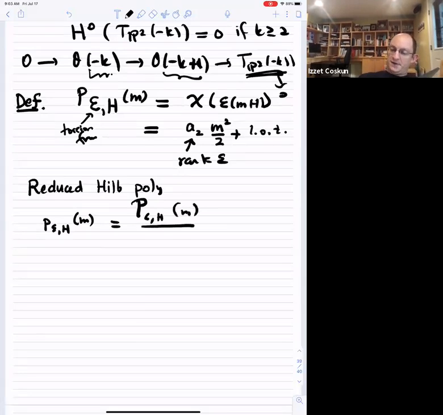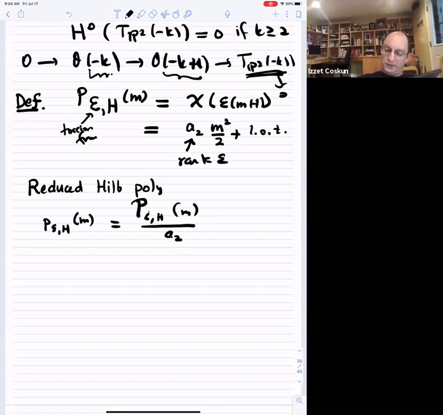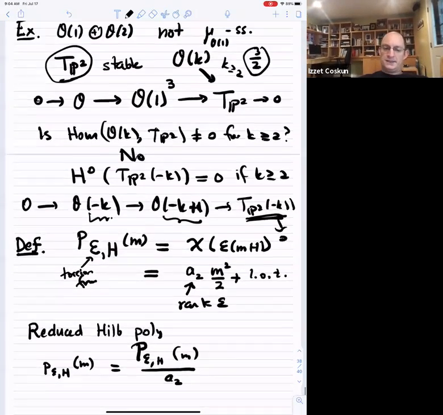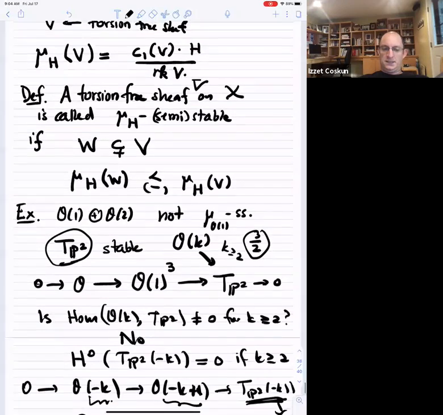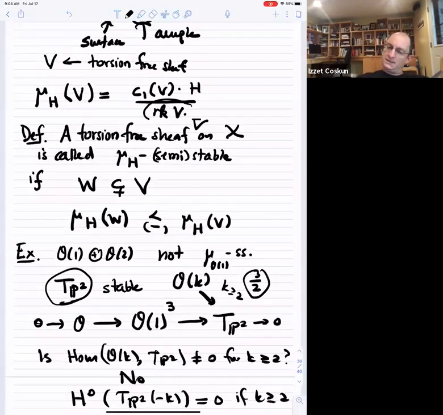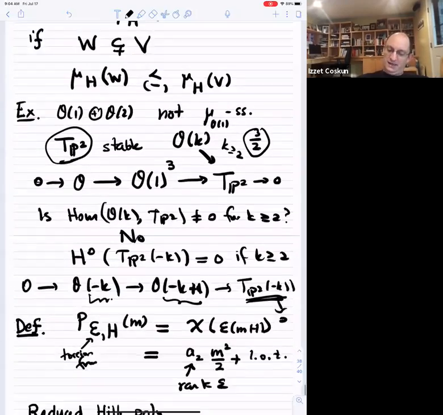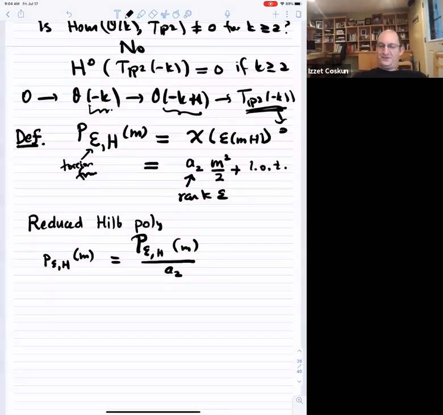It's just this divided by this leading coefficient, so that you normalize, just like when we defined the slope, we normalized it by the rank. Here again, you normalize by the rank, okay?